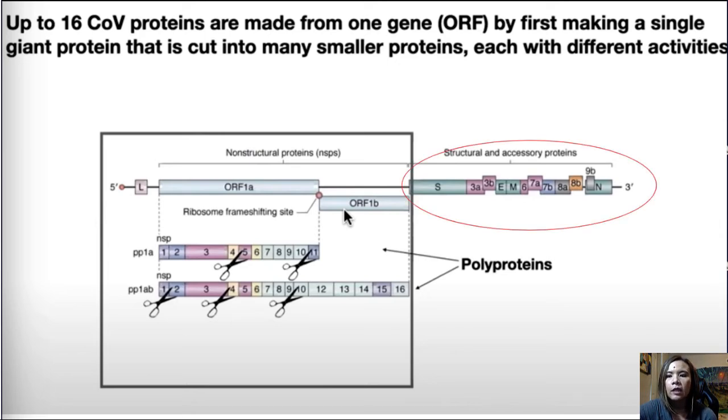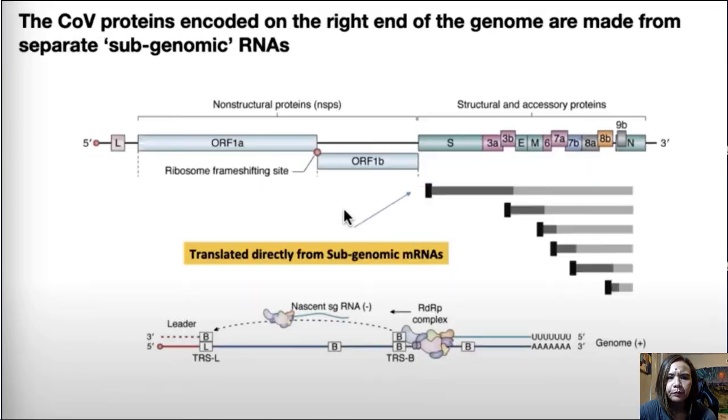Now, what about the right-hand side of the genome? Well, the second strategy that the RNA uses is generating RNA copies called subgenomic RNA. They are less than full length, and they are nested sets that all have the same 3' end.